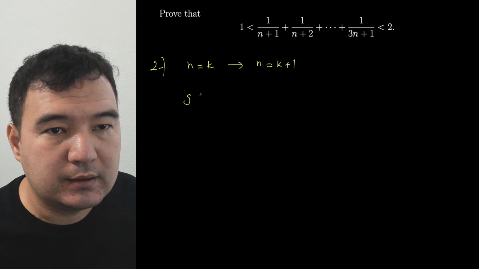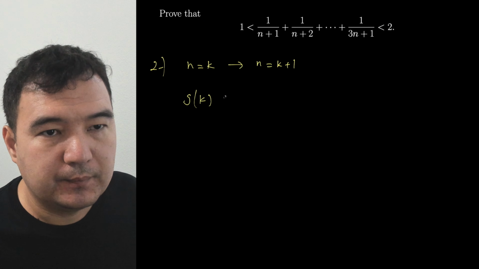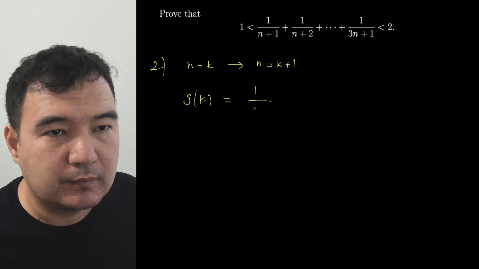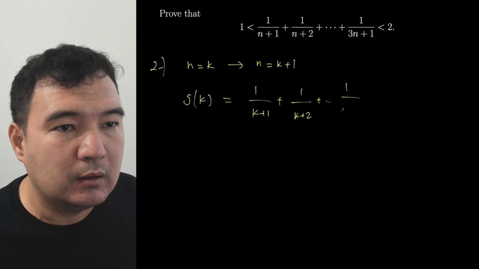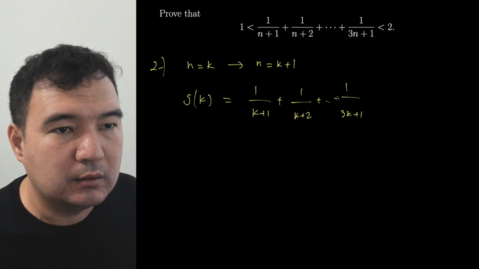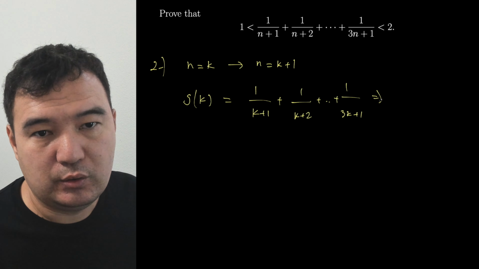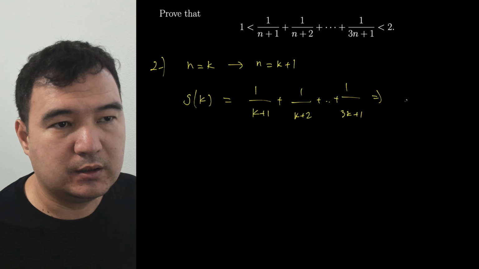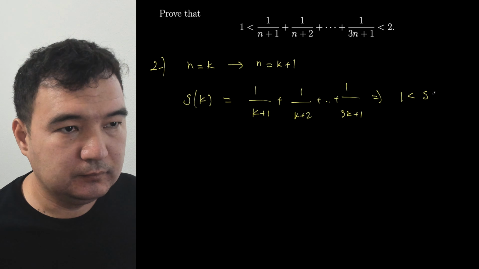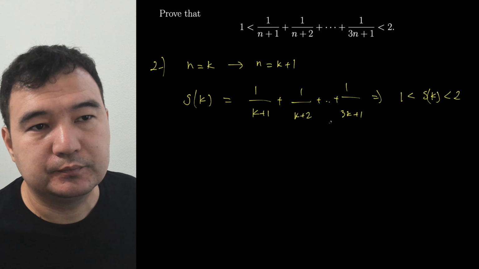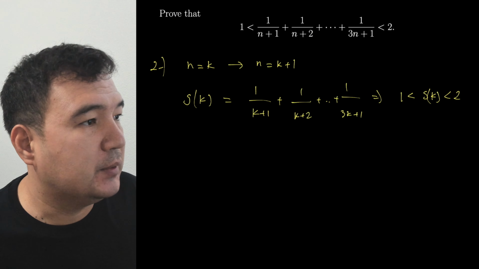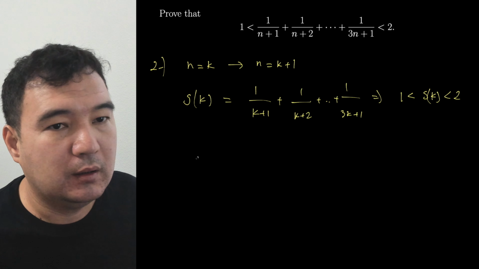So if I say Sk is the sum 1 over k plus 1, 1 over k plus 2, up to 3k plus 1, what I'm assuming in the step of induction is that this Sk is between 1 and 2. So what will be Sk plus 1?